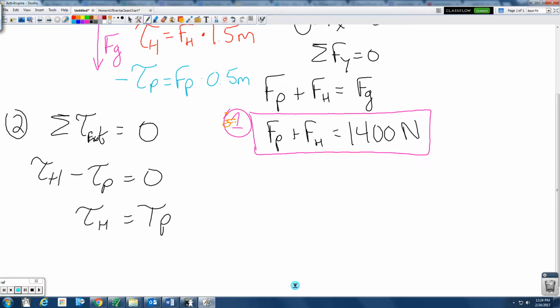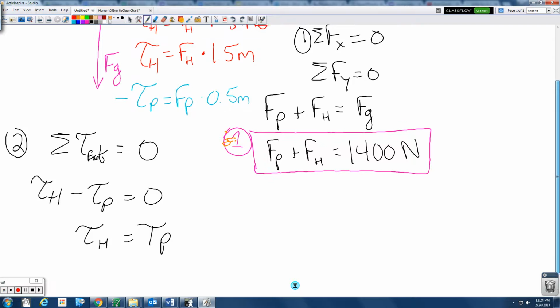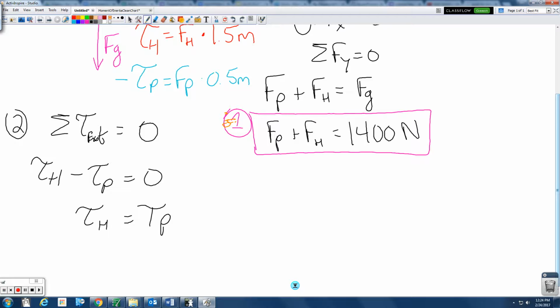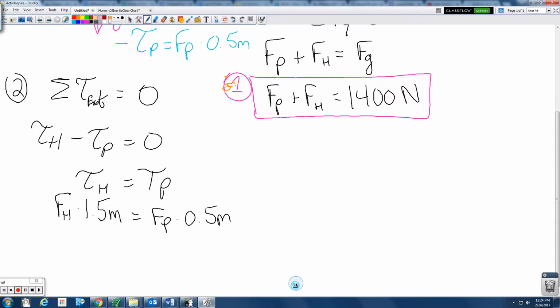And we have values for the torque of Henry and the torque of Paul. For Henry, it's F sub H times 1.5 meters. And we have the torque of Paul, which we said was force of Paul times 0.5 meters. So I can solve for one of them, and maybe I can go back up to what I called equation 1, from my translational equilibrium condition.